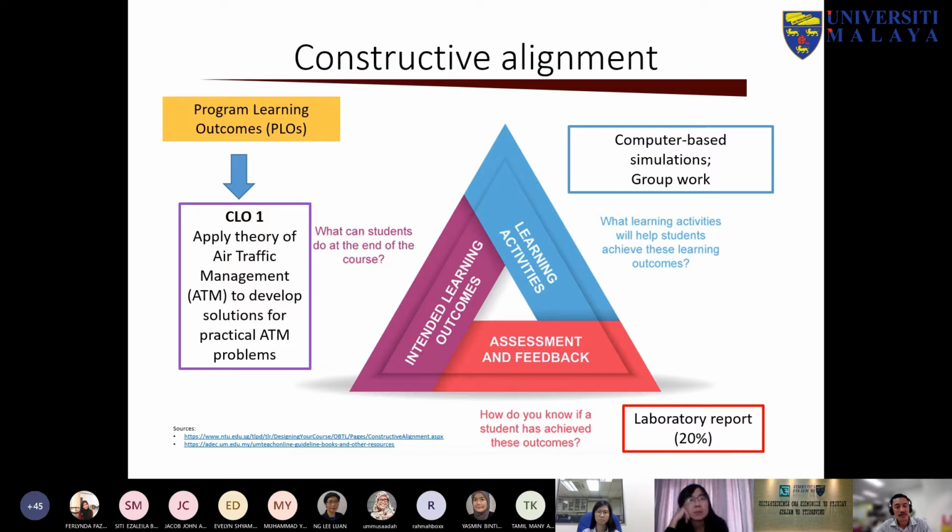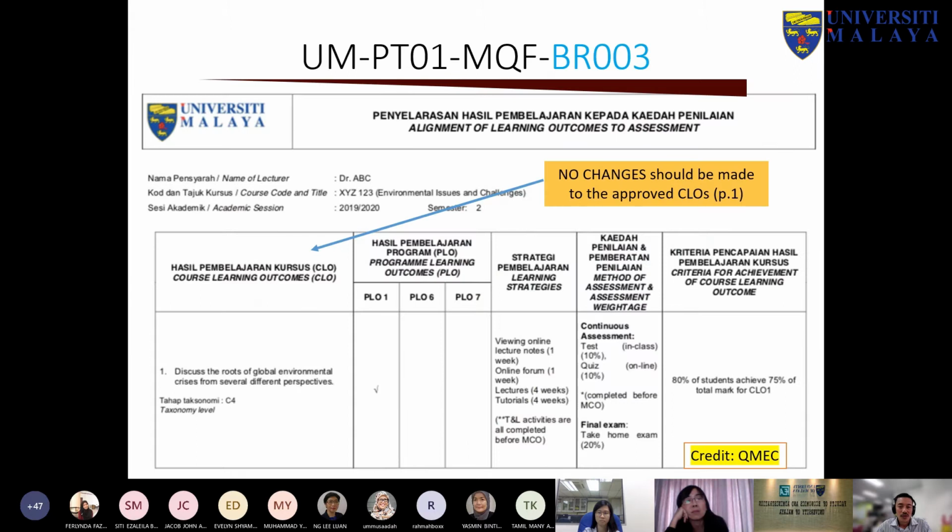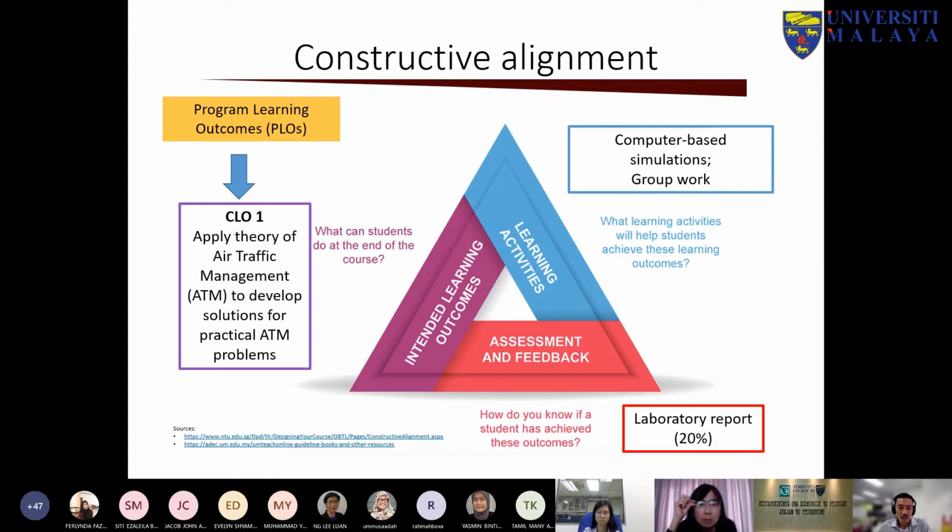So how do we, for example, apply a theory, using the learning outcome verbs in Bloom's taxonomy, so that from the verbs in the taxonomy we can design an assessment for capturing students' ability to apply the theory of air traffic management, for example, in this situation, so that they can apply that in the assessment.